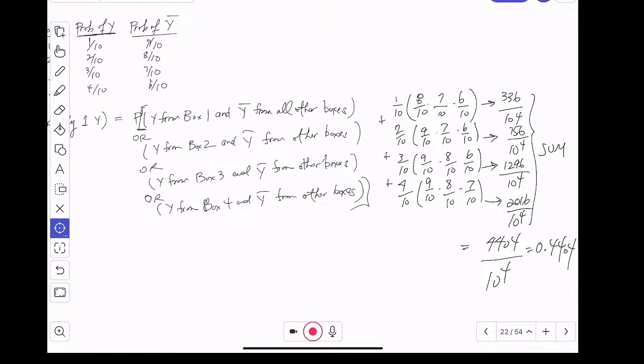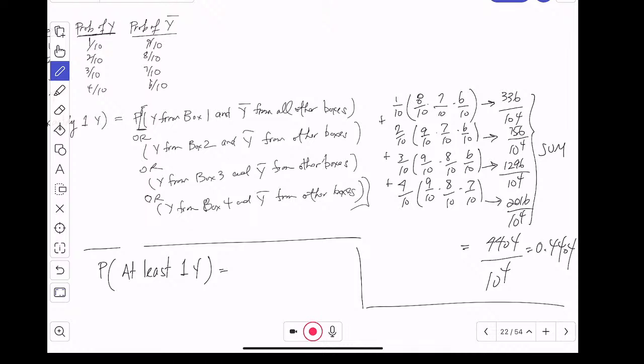So there's another question about what's the chance of at least one yellow. So that's another question that I ask you. What's the chance at least one yellow?